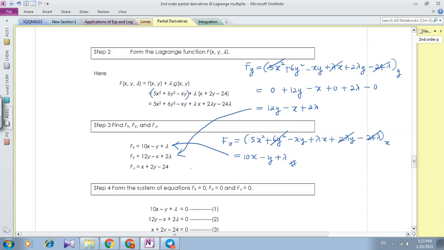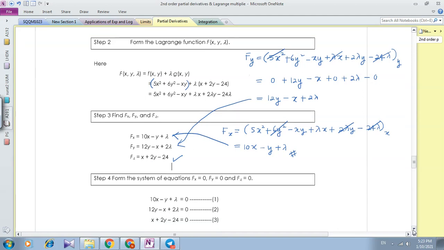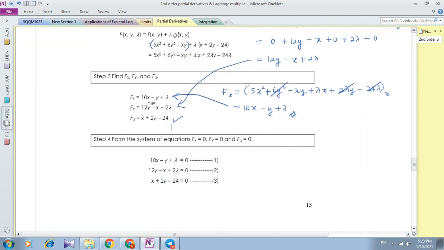I hope you will do the partial derivative of the last line on your own, and that you will get the same as here. And then in the next step, you equate whatever you have found to 0. So capital Fx equals 0, capital Fy equals 0, and also capital F lambda equals 0.